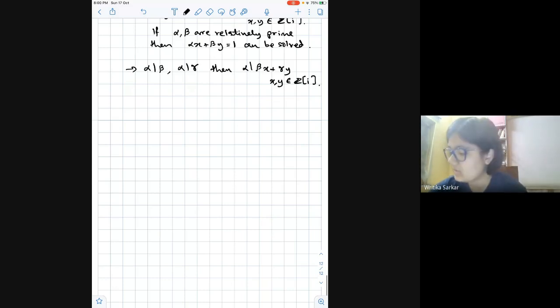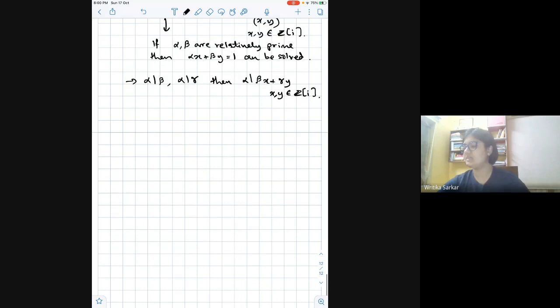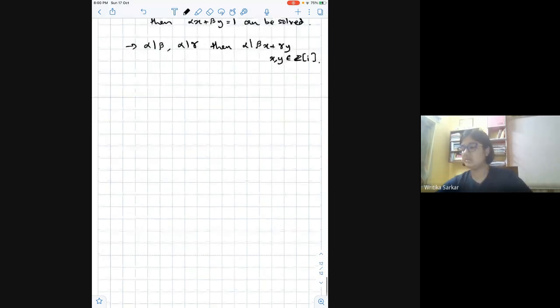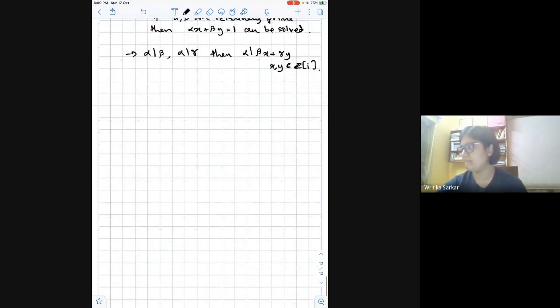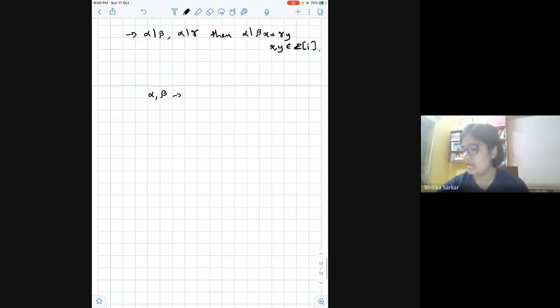Now, since we talked about GCD, another way to visualize GCD is, if you have alpha comma beta, you plot the multiples of alpha and the multiples of beta in the complex plane. And then you take all the linear combinations of all the points that you get in the complex plane.